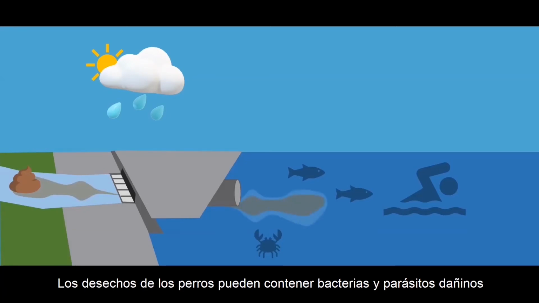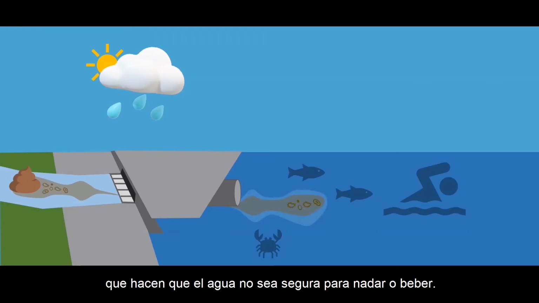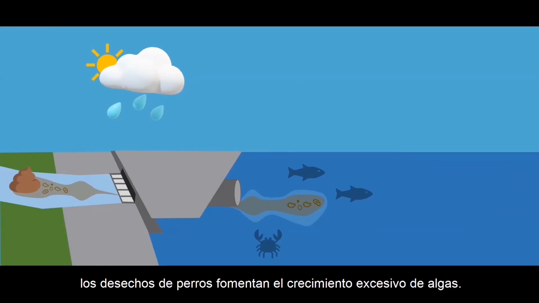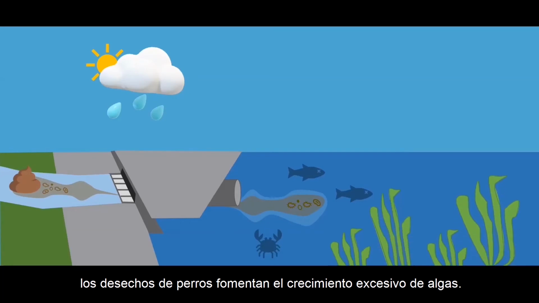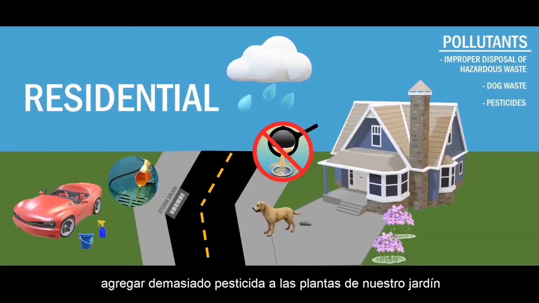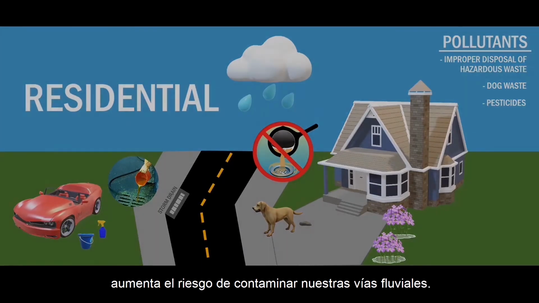Dog waste can contain harmful bacteria and parasites, which make water unsafe for swimming or drinking. Similar to other animal waste, dog waste encourages the overgrowth of algae. And lastly, adding too much pesticide to our front yard plants increases the risk of polluting our waterways.